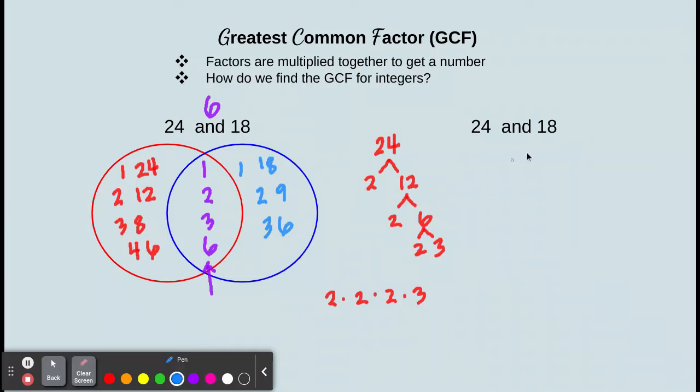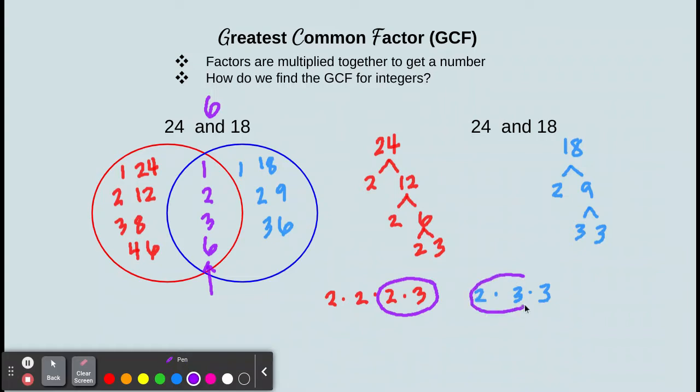And then our prime factorization tree of 18 looks like this: 2 times 3 times 3. Now, to find the GCF, we find what's in common on both sides. Both sides have a 2 times 3. So we do that. 2 times 3 is 6. So the GCF is 6.